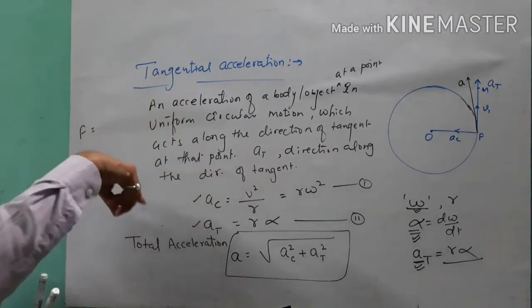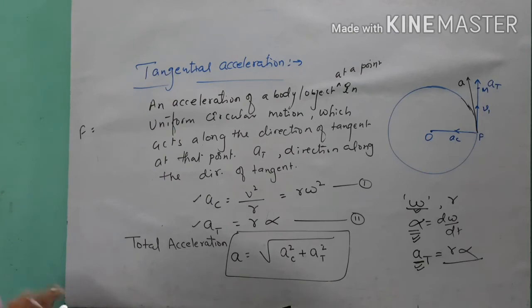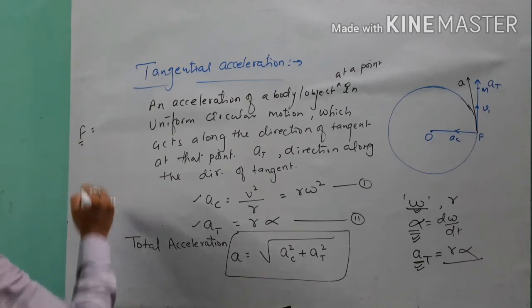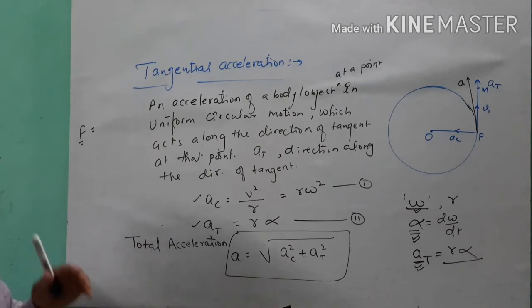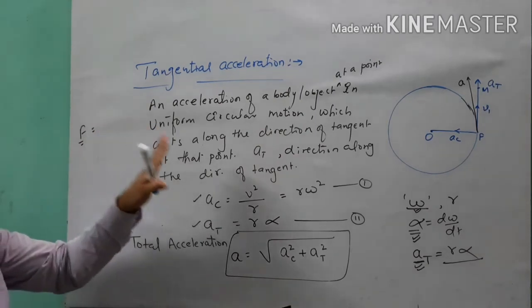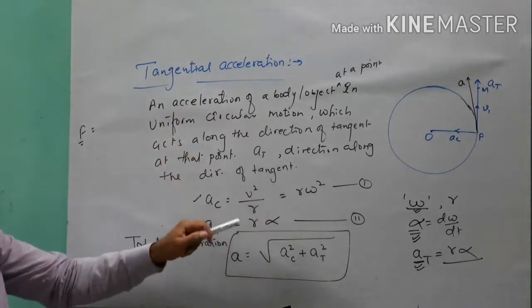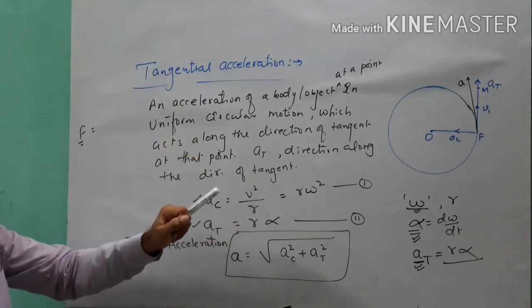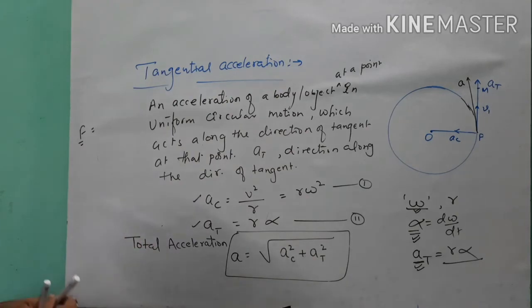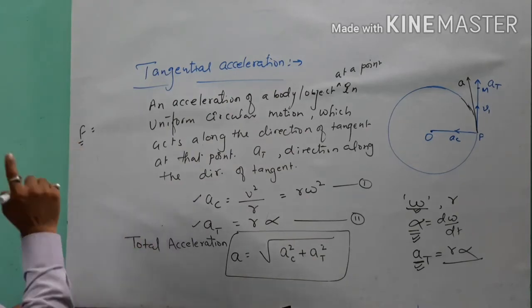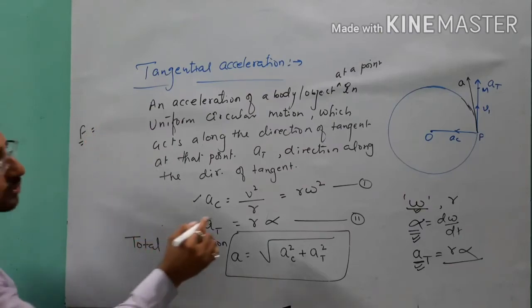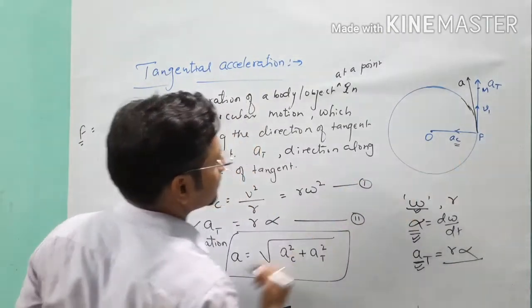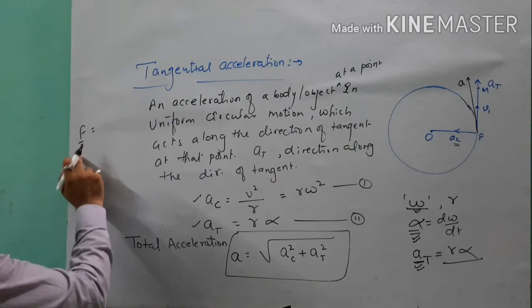When the object is in uniform circular motion, the force which provides the motion of the given object so that its path becomes circular is called centripetal force, and this force is due to the centripetal acceleration which acts toward the center.